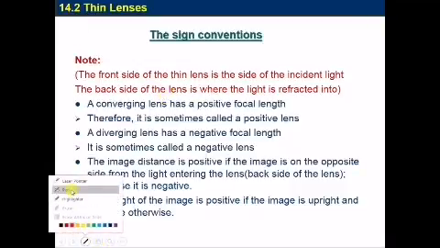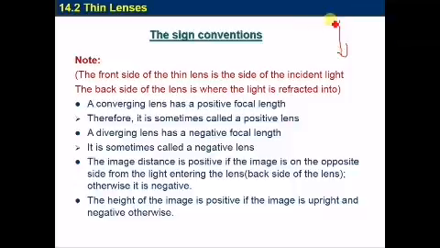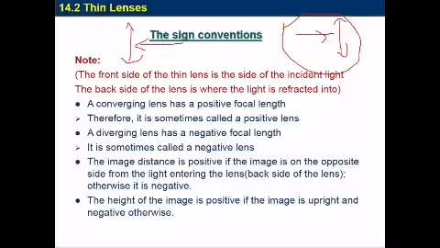For example, this is the converging lens. If your object is here, the ray is coming from here, so this is the front and this is the back. But if this is the converging lens and the object is on the other side, so this is the incident light, then this is the front and this is the back. But usually we use this one, so don't confuse yourself.